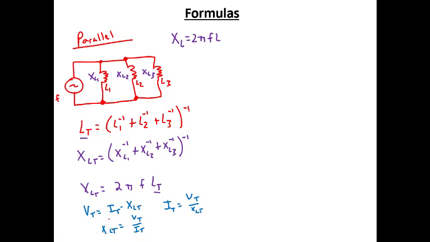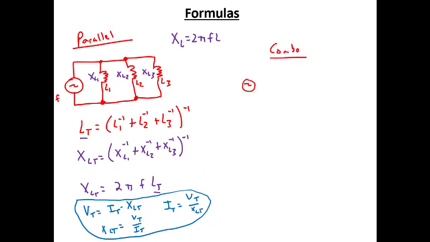There we go. We're out of a little bit of space here, but all of these Ohm's law formulas are still good. All right. The next type of circuit that we'll see is a combination circuit. So this is one that has series and parallel components.